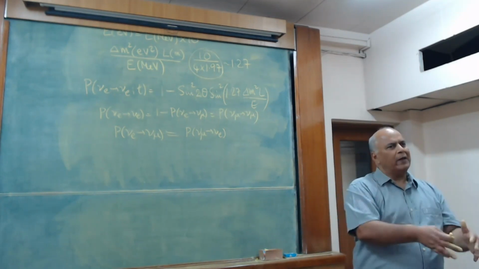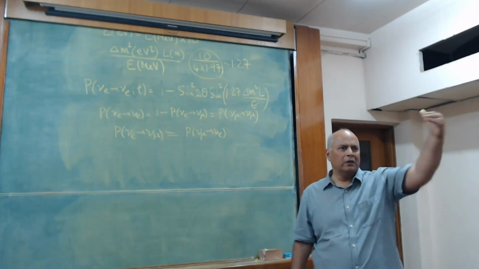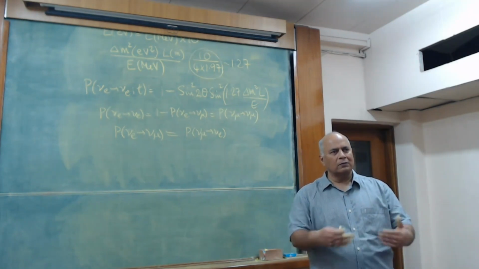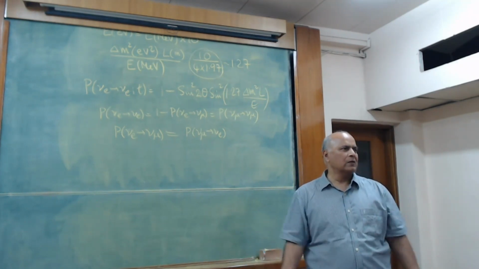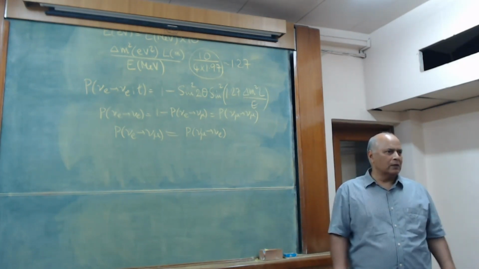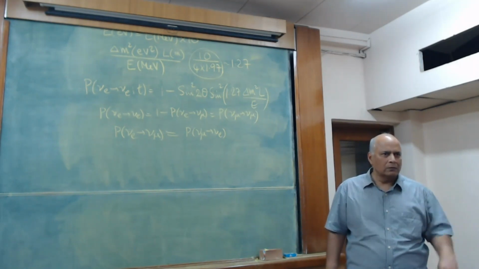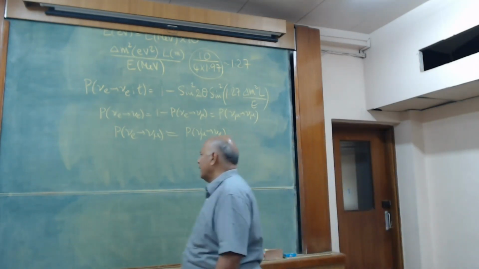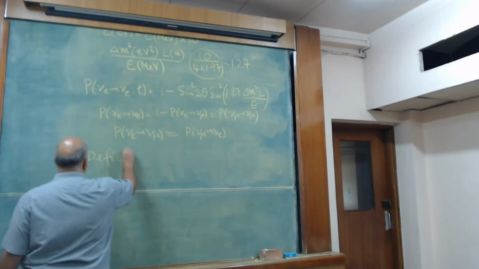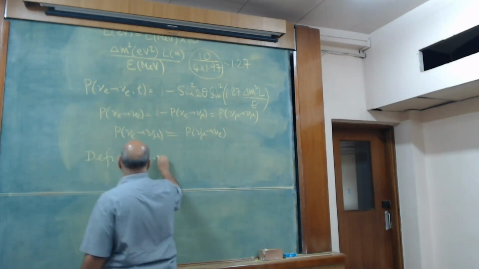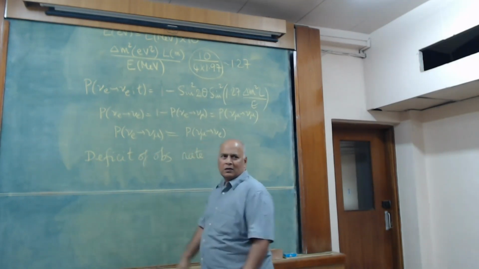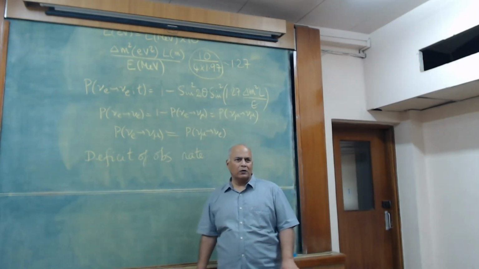Then we actually make a measurement with this detector far away, and if I observe fewer events compared to what is expected, I say, okay, it's likely that neutrinos are oscillating. So basically a deficit of observed rate is considered a signature for neutrino oscillations.